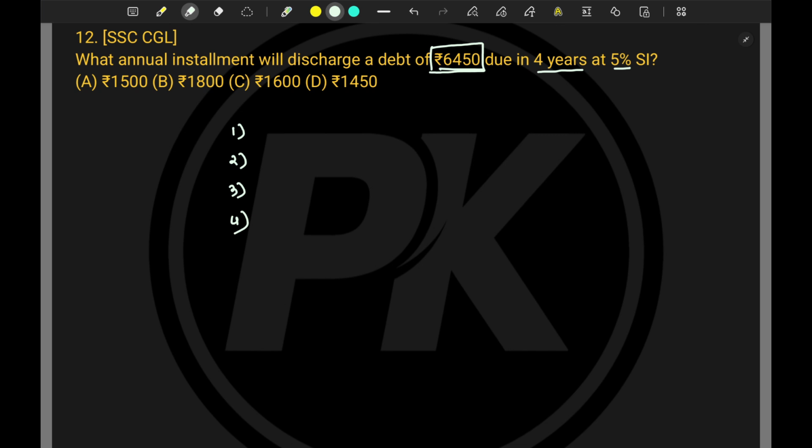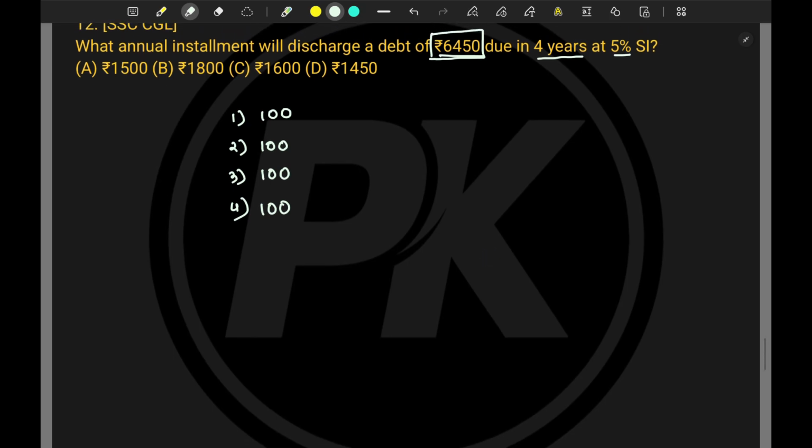Now, let's solve this logically. Let us assume the annual installment is 100. We calculate the total worth of these 4 payments at the end of the 4-year period.